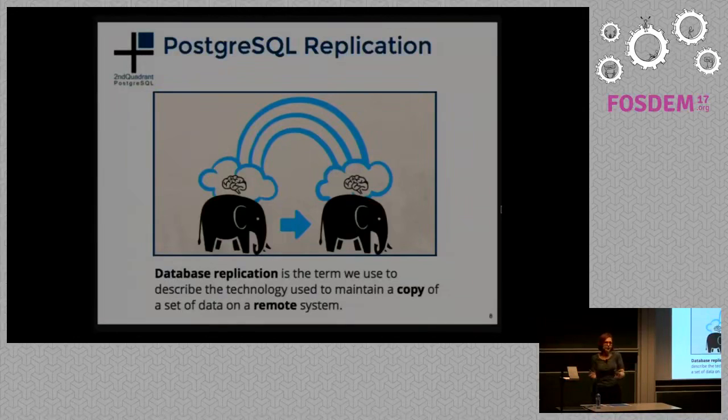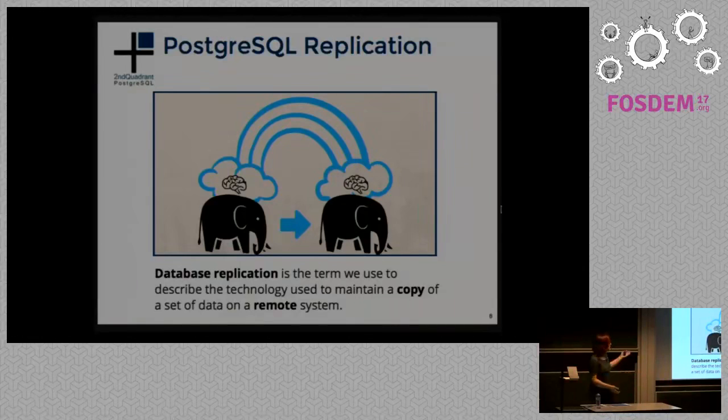So the master captures the changes and writes them to WAL files, then sends them to the standby, where they are replayed, and then we have a maintainable copy of our system. That is basically how replication works. You have a copy of your master system on a remote server. That is PostgreSQL replication in general. We will go into details, but replication is this.